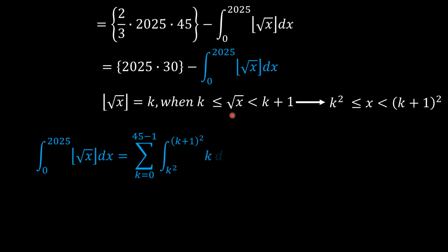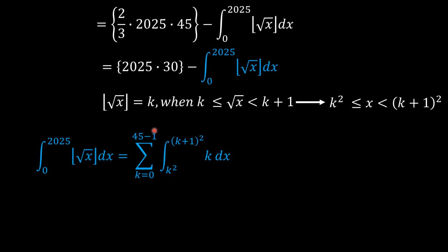So we're going to have k when x is between k squared and k plus 1 squared. So we are going to have discrete values, and that's why we're introducing the summation sign here, because we do have discrete values in the intervals k squared and k plus 1 squared.